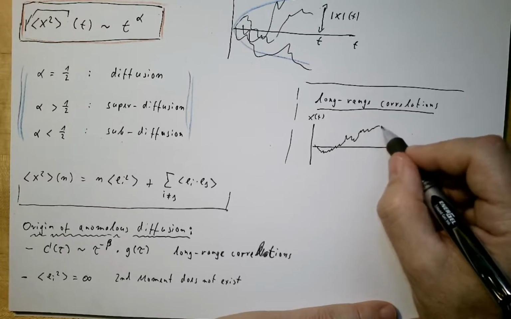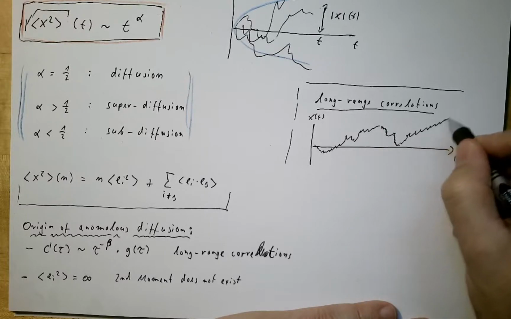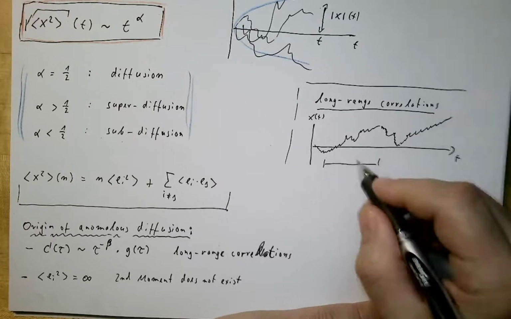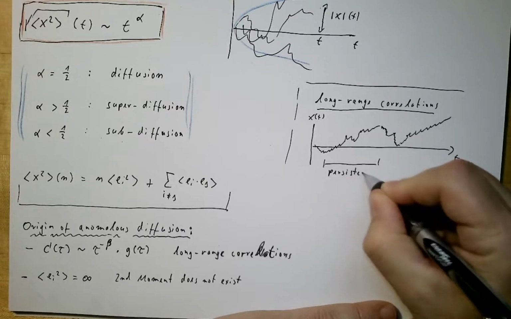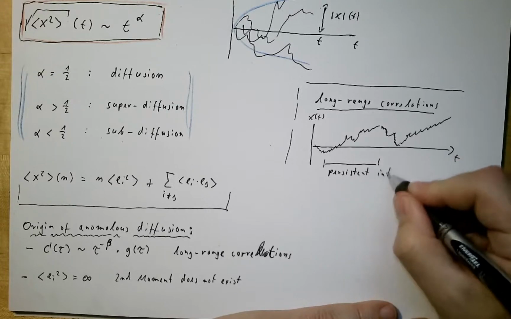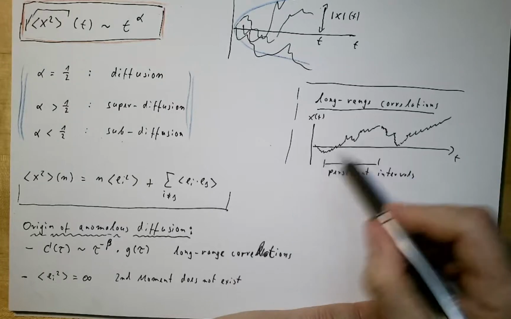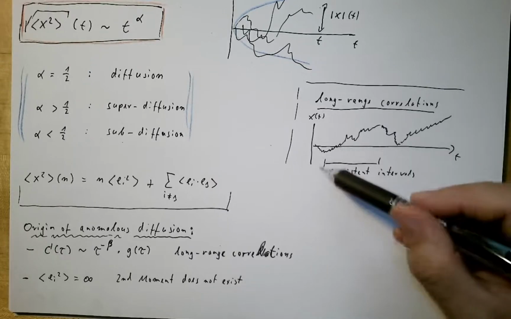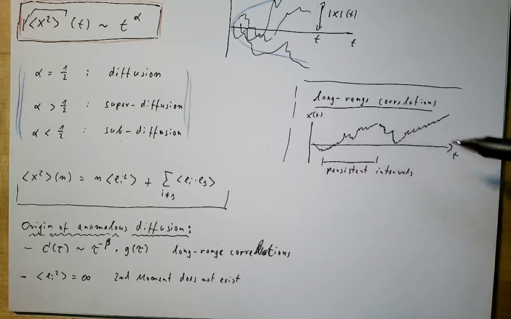Maybe then we have an inversion, and then maybe we go down again, and so on. So we have persistent intervals due to this long-range correlation, and in this way suddenly we can reach higher values.